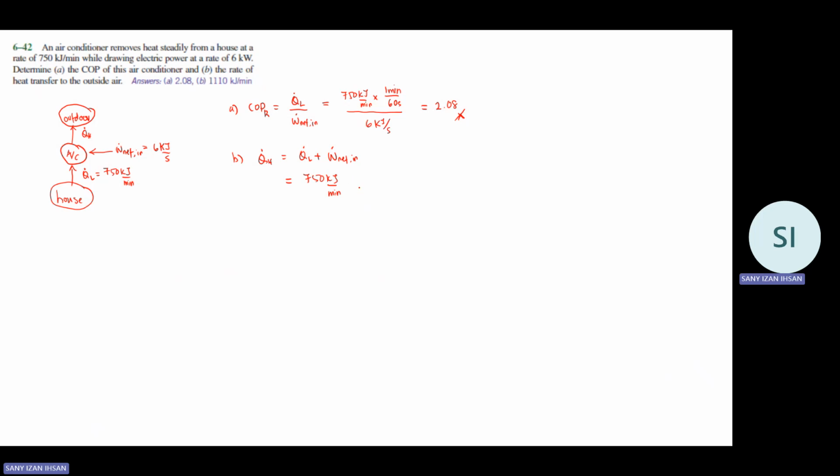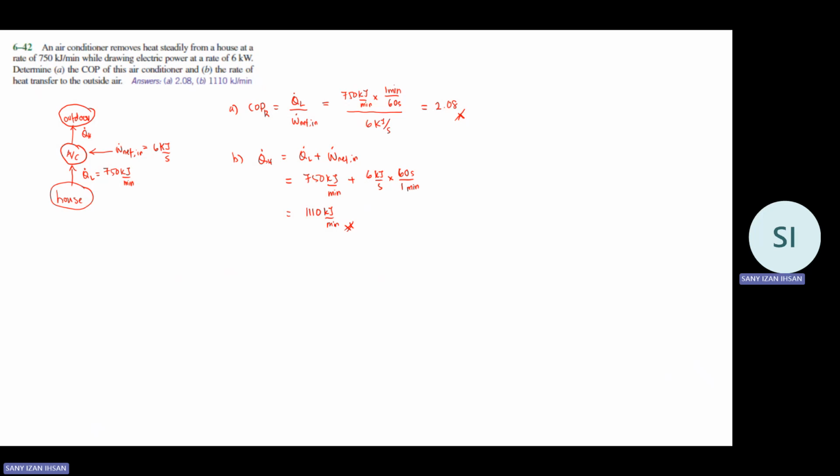Since the answer is in minutes, we'll keep that. Plus work net is 6 kilojoule per second. Let's convert that. 60 seconds is equal to 1 minute. So we have kilojoule per minute there as well. All right. So if you do this, 360 plus 750, you will end up with 1110 kilojoule per minute. Okay, so that will be the answer for part B.